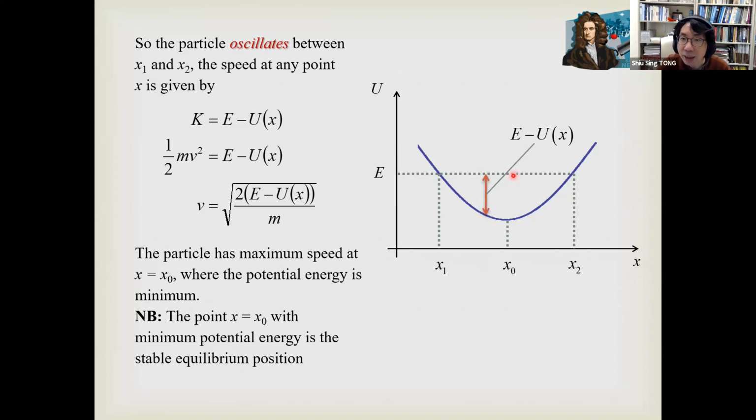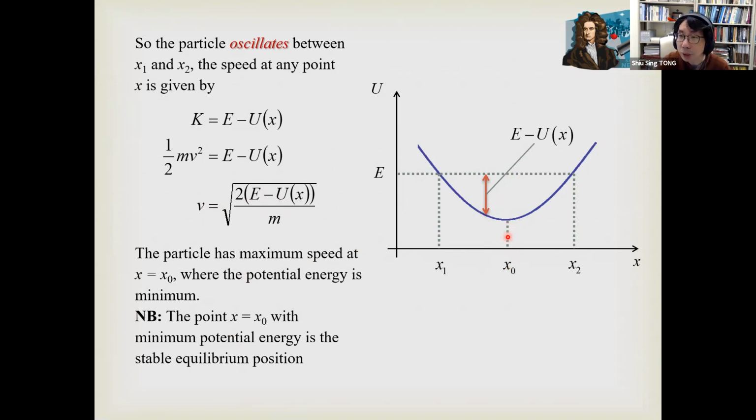So when E minus U is maximum, the velocity is maximum. Where does it happen? It happens at the equilibrium position, the stable equilibrium position. At x0, U is minimum, so that means E minus U is maximum. There's the largest gap here, and so the velocity at the equilibrium position is largest.